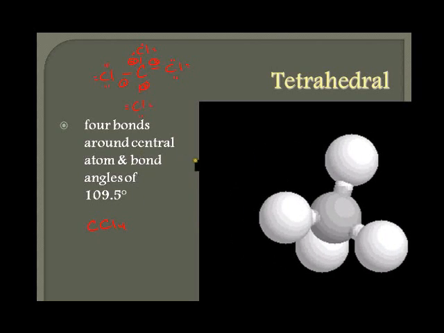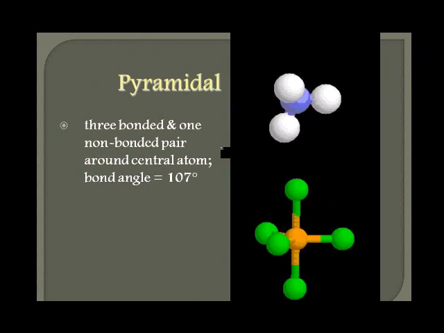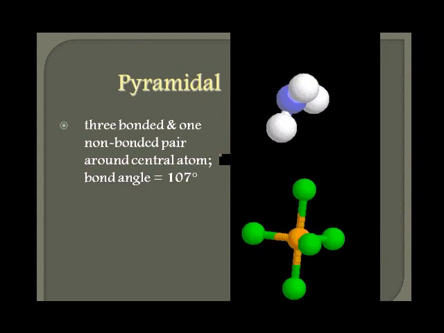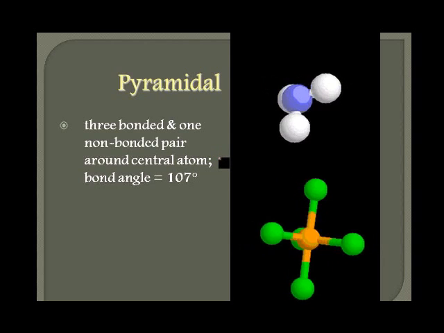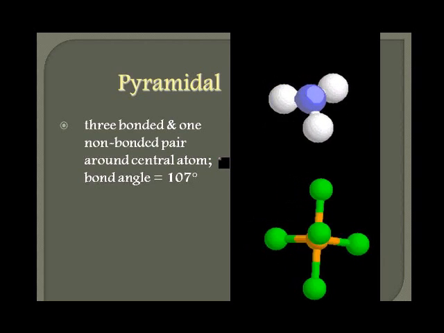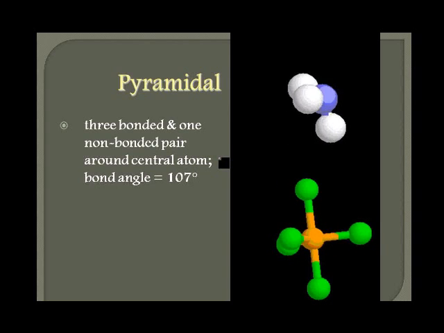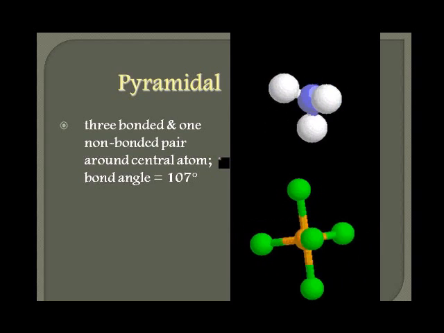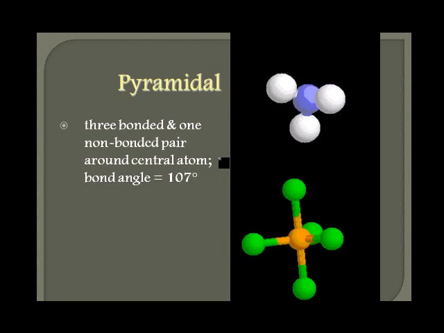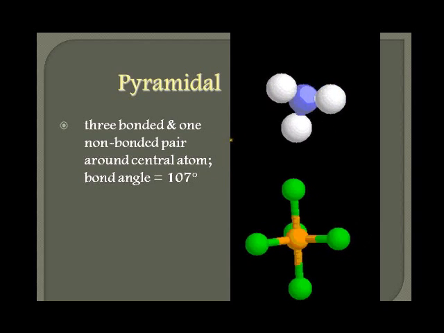So that would be tetrahedral. If we have 3 bonded pairs of electrons and 1 non-bonded pair of electrons, we'd call that pyramidal, with the bond angle at 107 degrees.